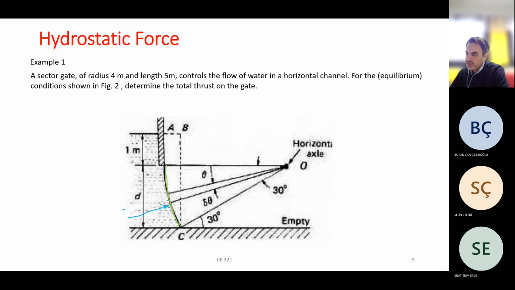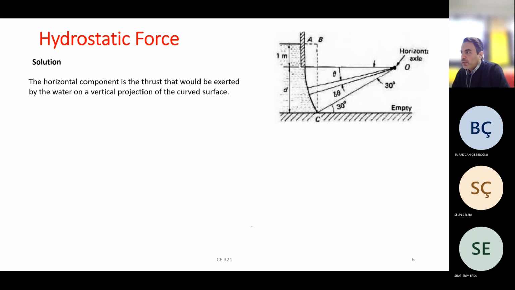And to calculate this Fr, I need to find Fx and Fy. Let's see how we should solve the problem. First, the horizontal component should be calculated. I know that the horizontal component Fx equals Pc times A. To find the horizontal component, I should first draw the projection of this on the y-axis.